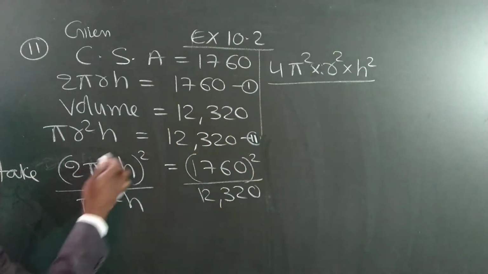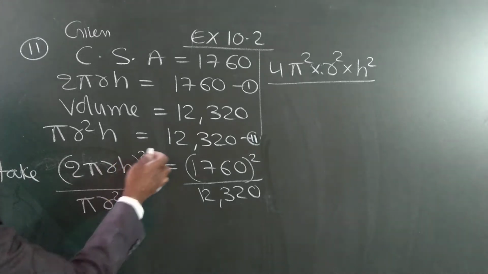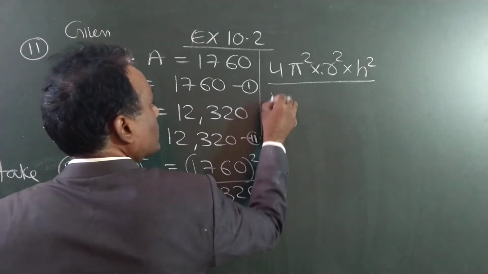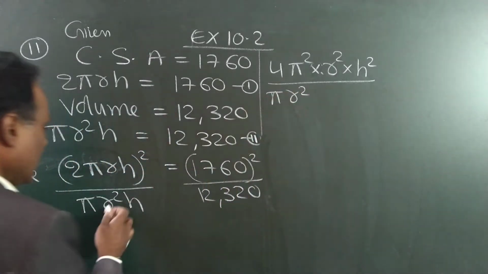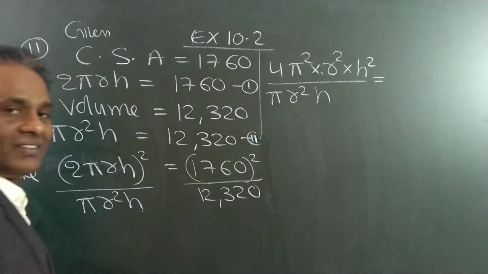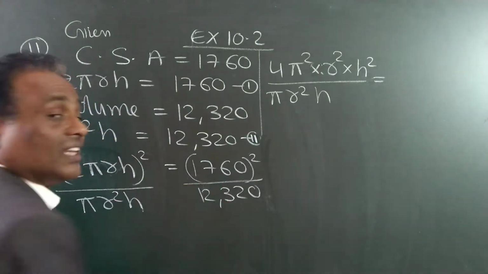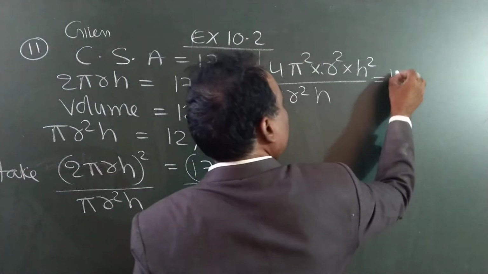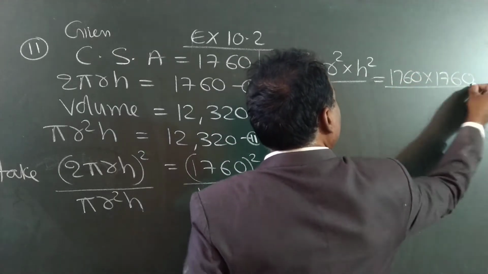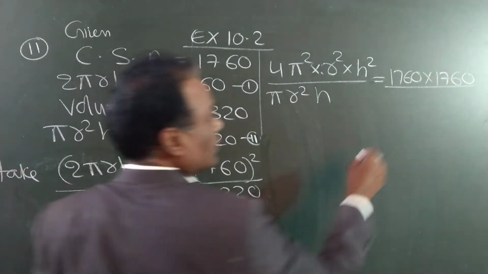2 square is 4, pi square, R square, H square by pi R square H. What is the right side? 1760 whole square is 1760 into 1760 by 12,320, same.